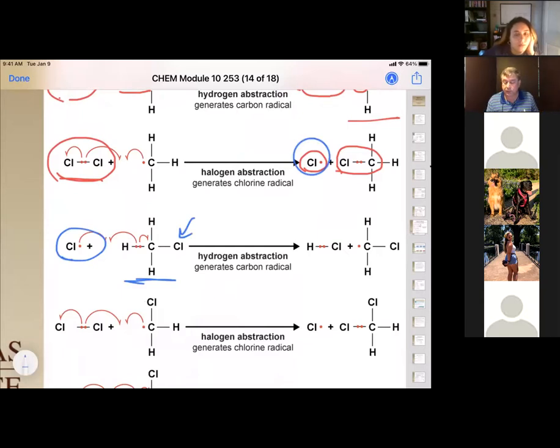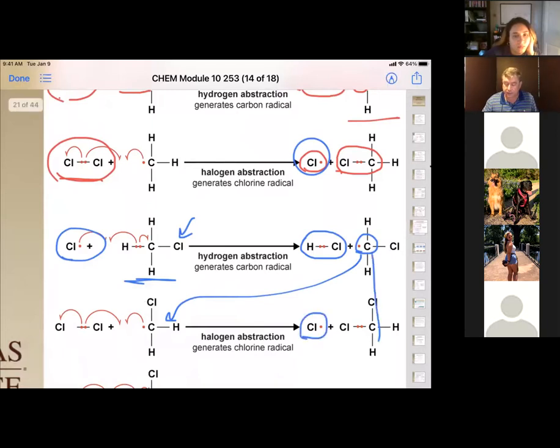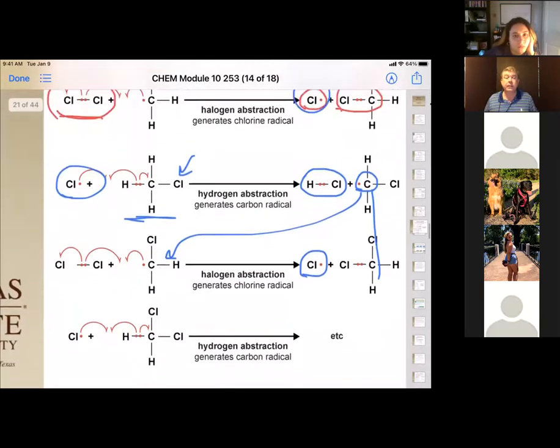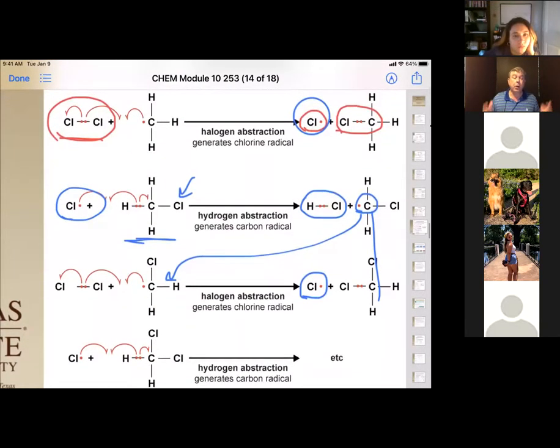So when it does, it generates an equivalent of HCl and a new radical. That radical then reacts with neutral chlorine, which gives a chlorine radical. And it continues to go on and on and on until you use up all the chlorine or all of the hydrogens. Okay, so now you have to stop the reaction.